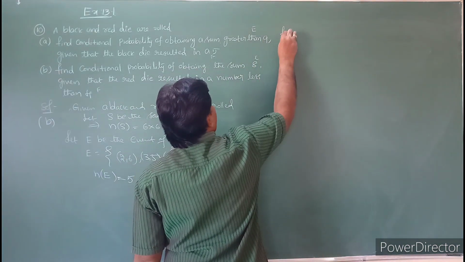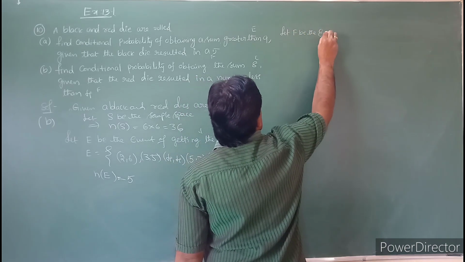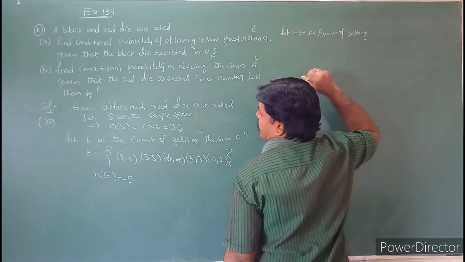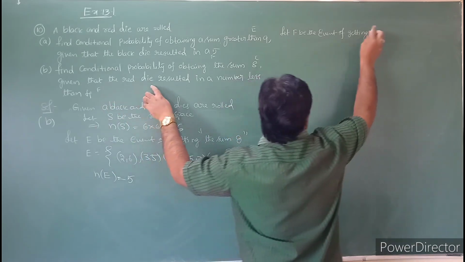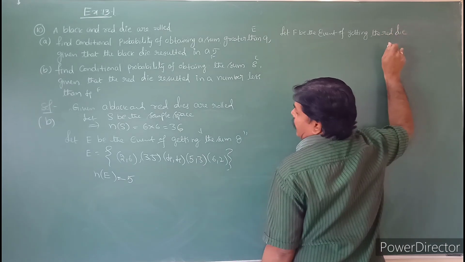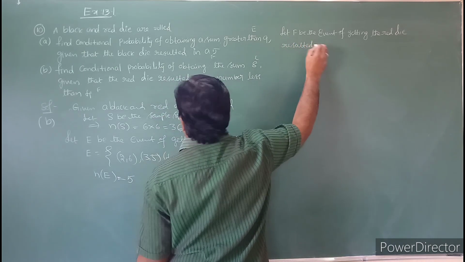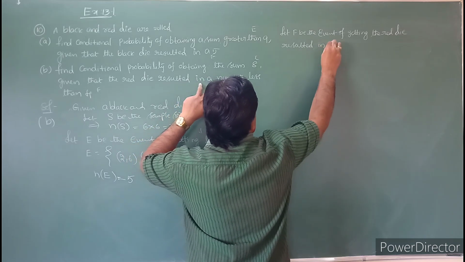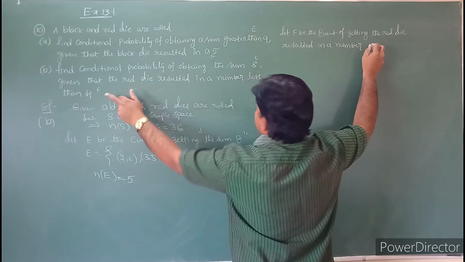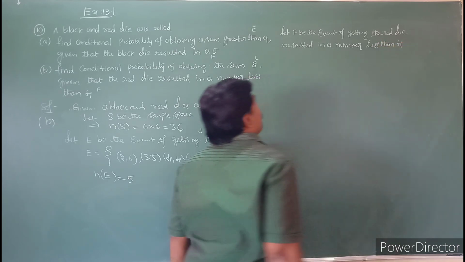So let F be the event of getting the red die resulted in a number less than 4. So what is F?